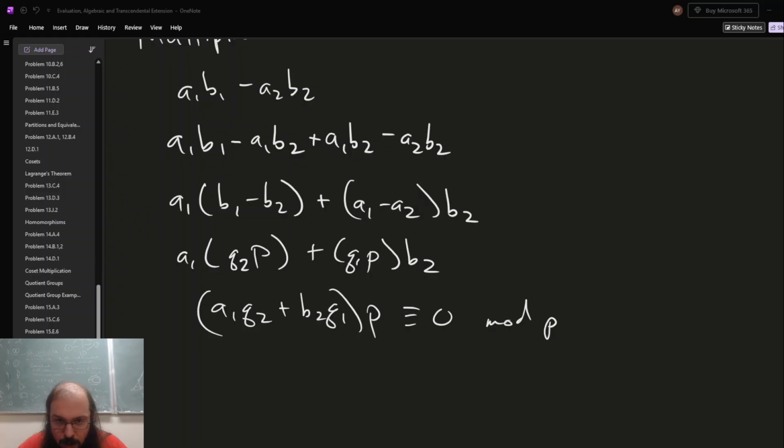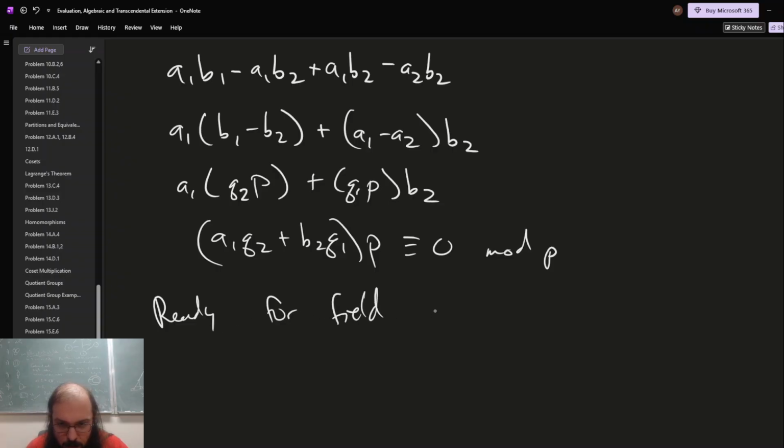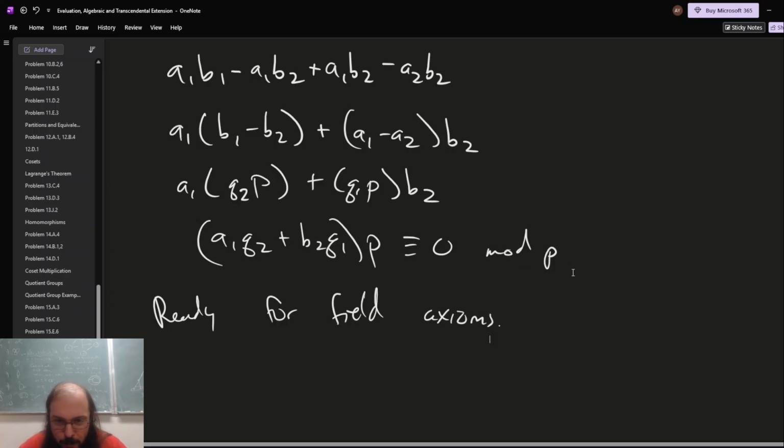Okay, so we're now ready to look at the field axioms. And in the usual way, all of them are boring except multiplicative inverses.